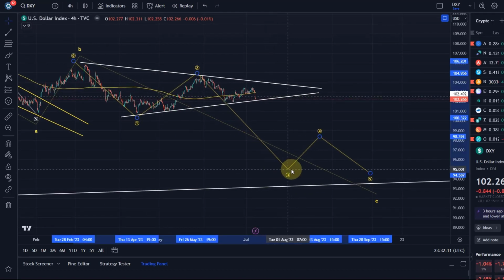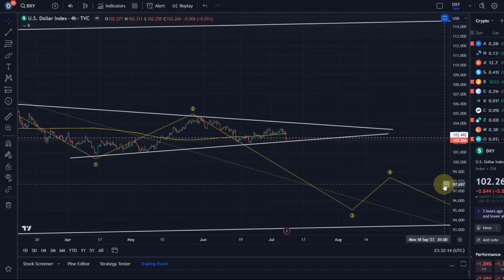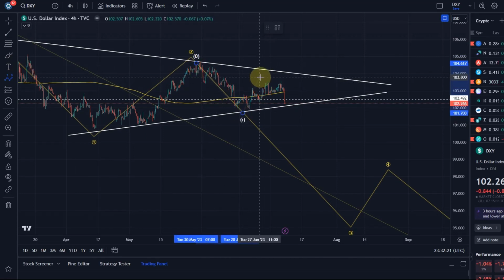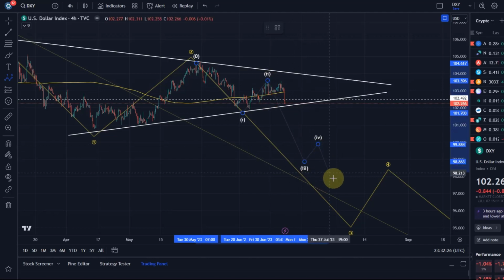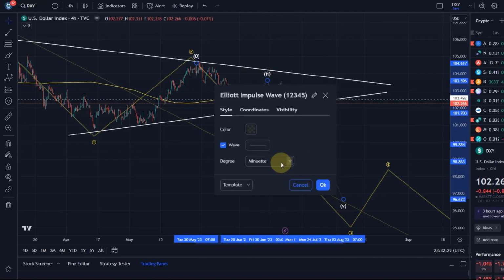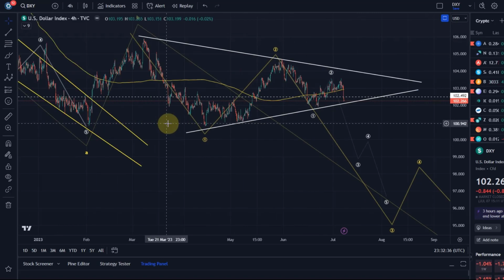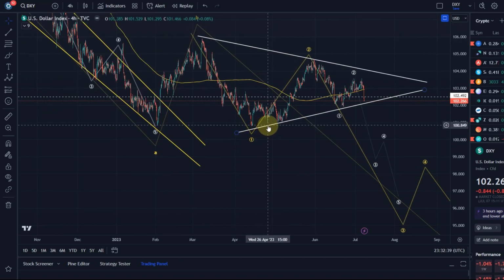So let's zoom in a little bit. I'll move the wave 3 to the right-hand side. In this scenario, we've got the next 1-2 setup, which peaked here, and we would be heading down next. This scenario will get much more likely if we break below the support cluster around $100.80 to $101.